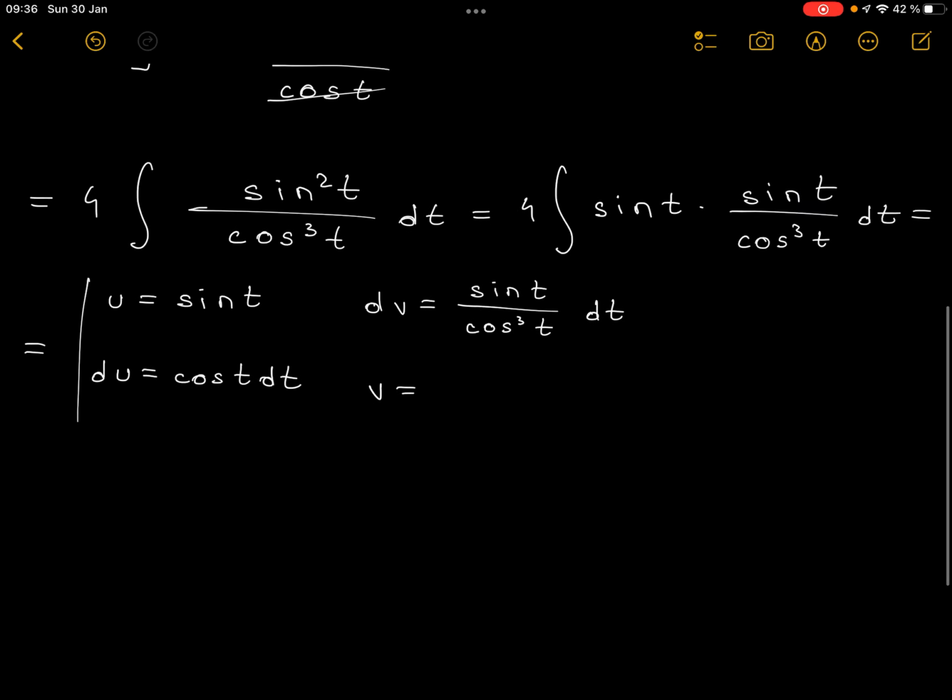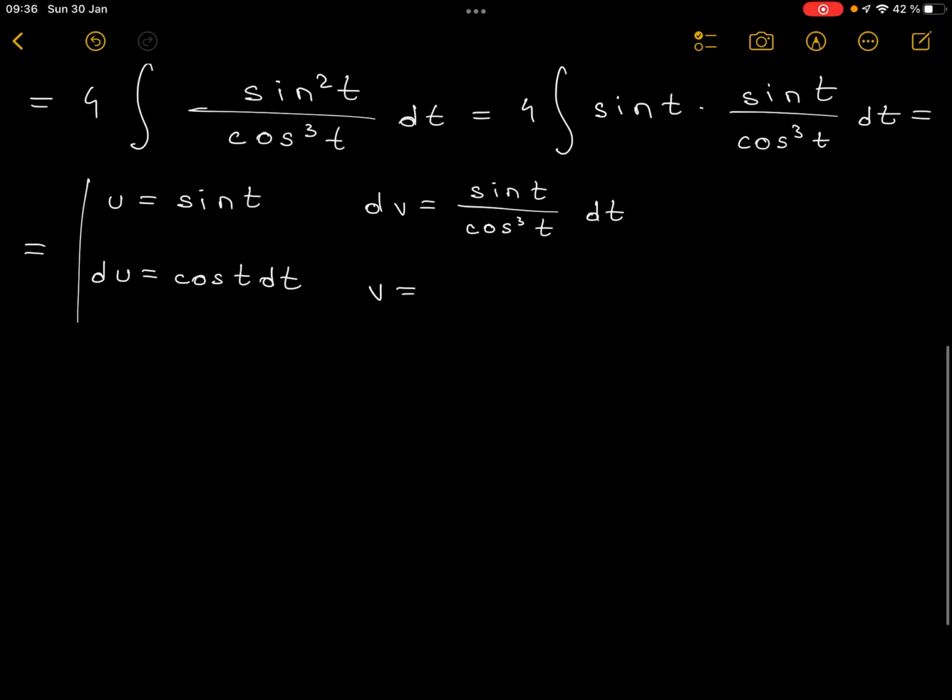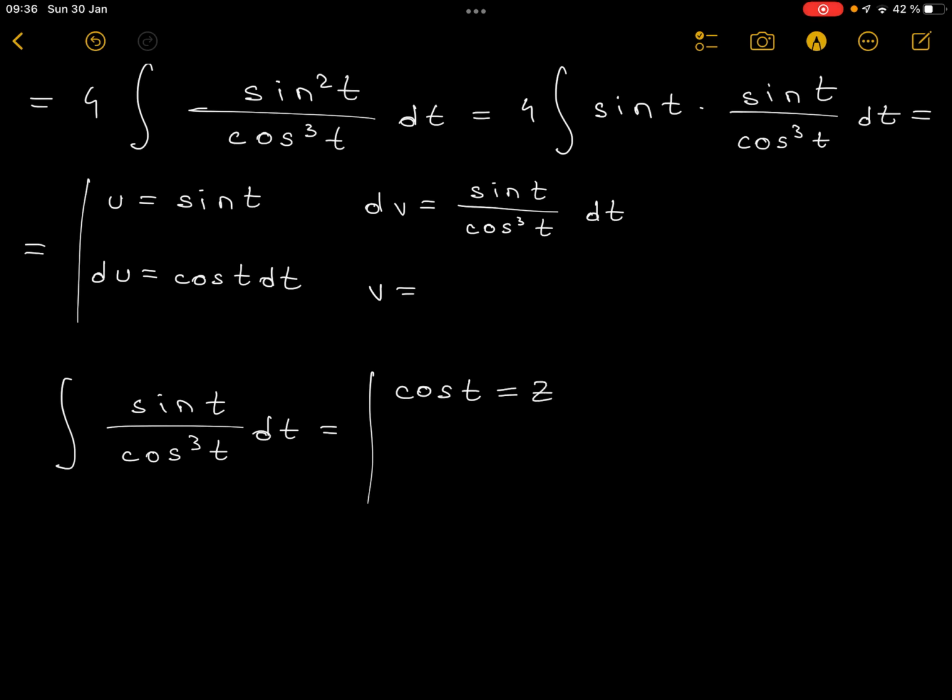So to do this, we first have to solve the integral of sine t over cosine to the third power of t dt. So cosine t is equal to z, minus sine t dt is equal to dz, so dt is equal to dz over minus sine t.